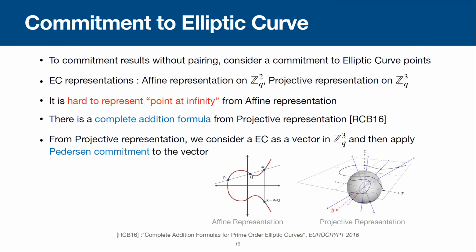It is hard to represent the point at infinity in affine representation, but there is a complete addition formula for projective representation. So we consider the projective representation for the elliptic curve. From projective representation, we consider an elliptic curve point as a vector in GQ cubed and then apply Pedersen commitment to the vector.